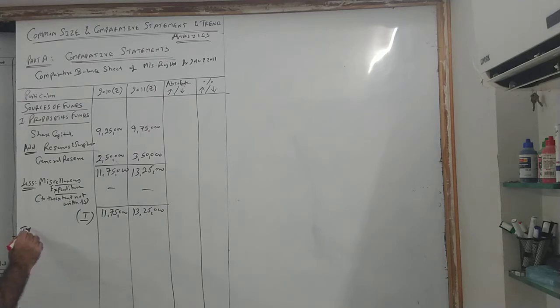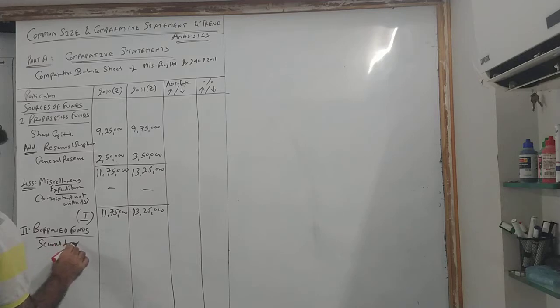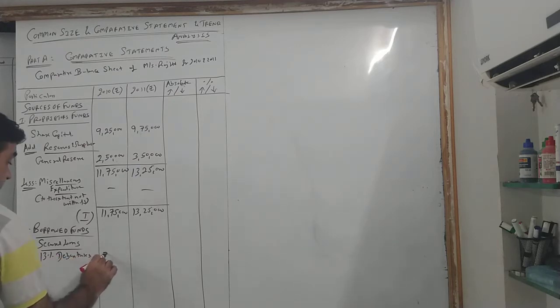Second, borrowed funds. Underline borrowed funds. See, borrowed funds are in 2 types, secured, unsecured. We have secured loans. In that debentures, earlier also I told you, if nothing is mentioned, debenture is a part of secured loan.